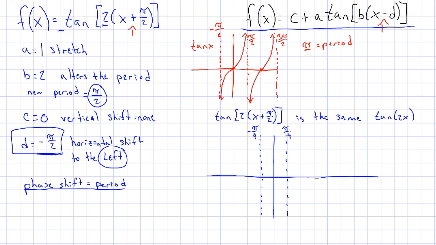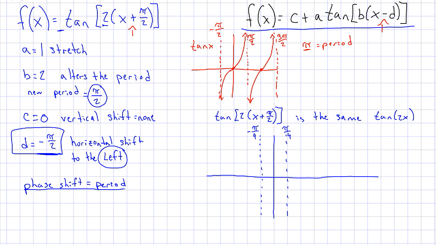So I can graph tangent of 2x. I have already looked at my asymptotes here. With my period of pi over 2, I have negative pi over 4 and pi over 4 as my first two asymptotes. And then I'm going to find a couple more asymptotes so that I'm indicating several periods' worth.